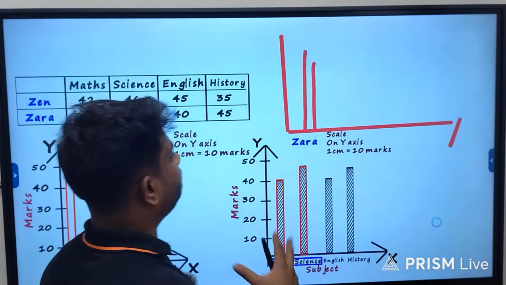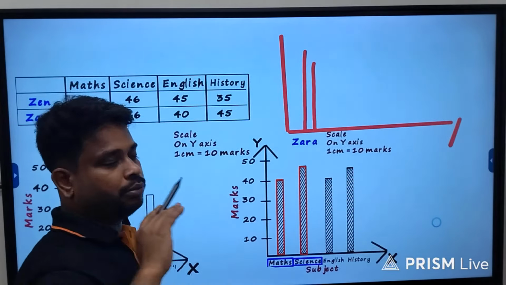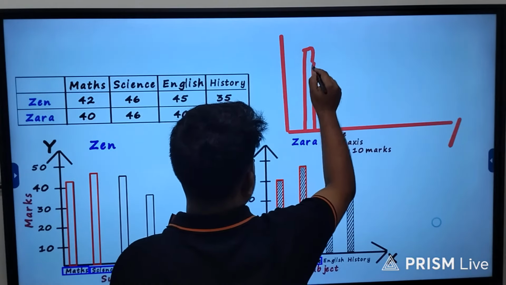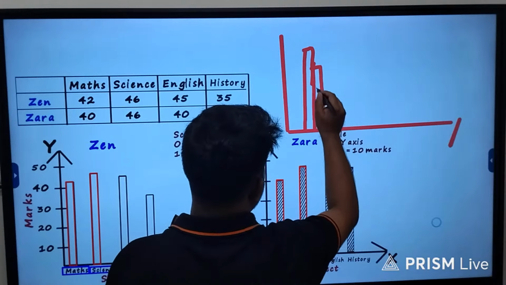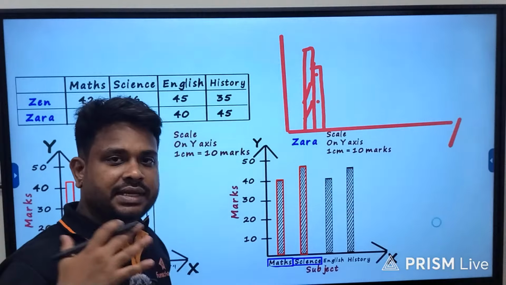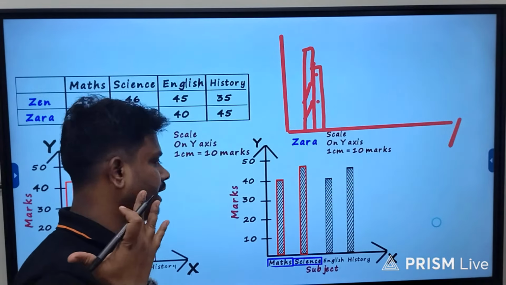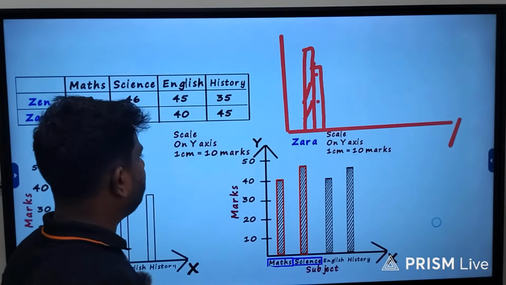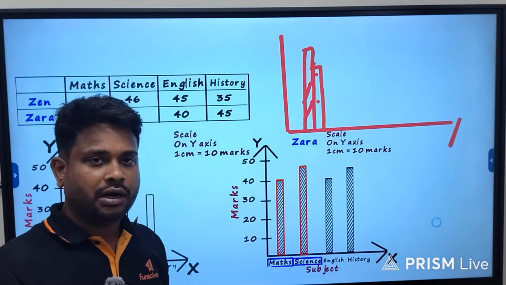You can take two different colors or two different notations for these two bars. Just like one is like this and one is like this. So this is an example of joint bar graphs, and it is a similar way in which we can draw other bar graphs as well.